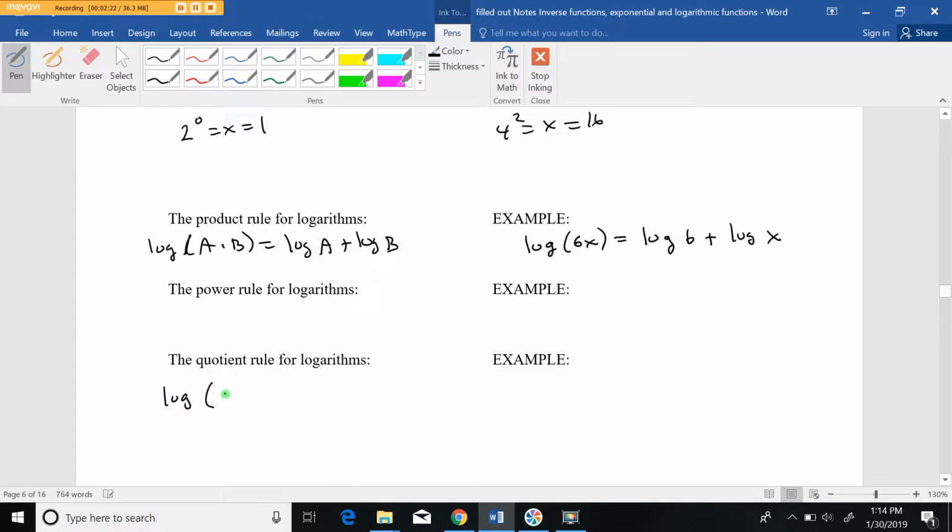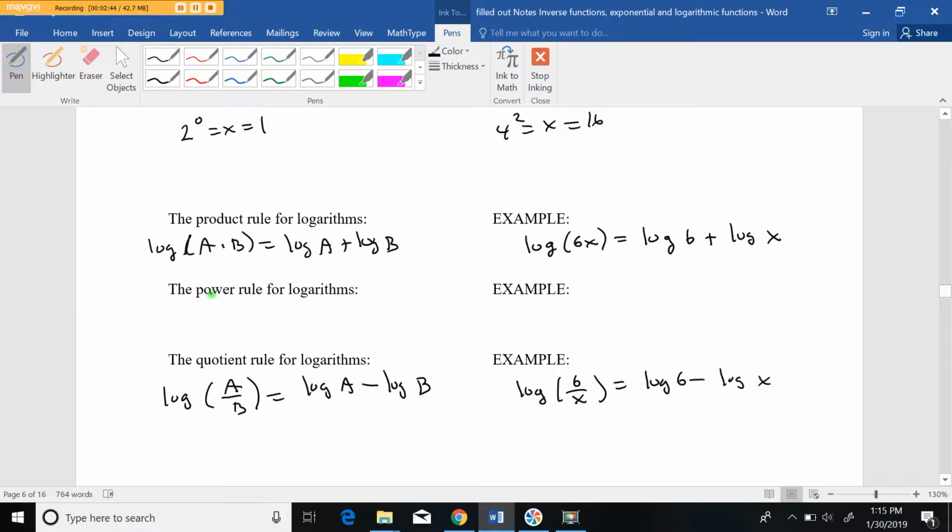The log of a quotient, like a over b, that's equal to log a minus log b. I like to remember this by the log of a quotient is the difference of the logs. An example, well, how about log of 6 over x? That's equal to log 6 minus log x.